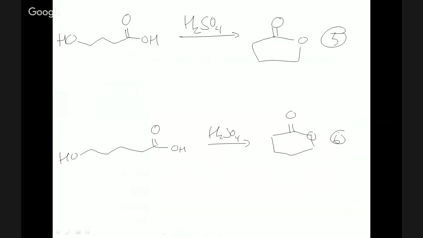So let's go over a teaching mechanism. Walk through this. Let's draw out all our bonds and electrons. Two lone pairs on each oxygen.